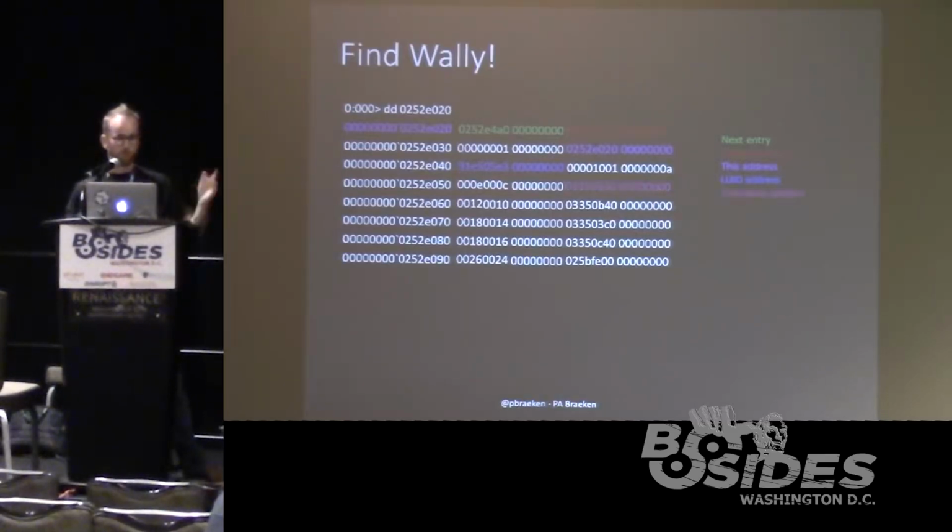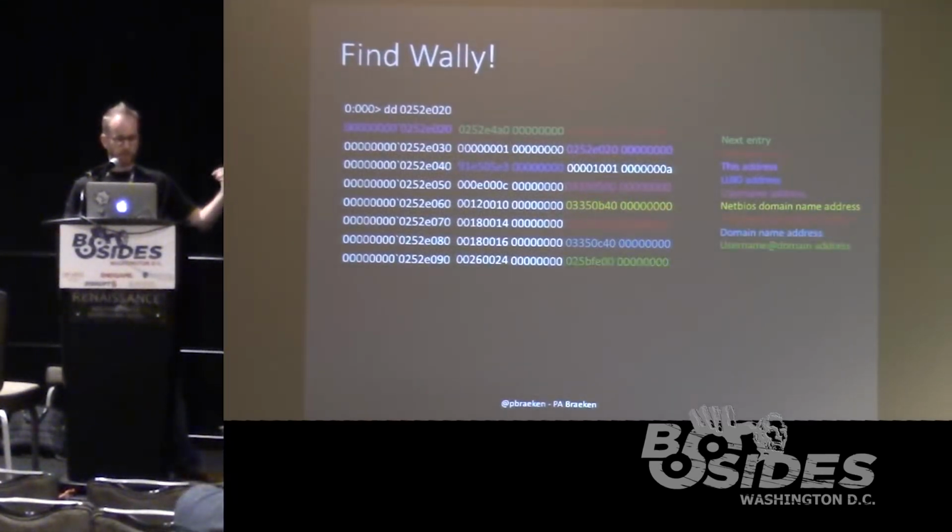Then you have the username address, and it's in clear text. So if you type DU and this address, you will have the username, then the NetBIOS domain name address, then the encrypted password. So if you try DU on it, you will get nothing. Then the domain name address and the username at domain address.